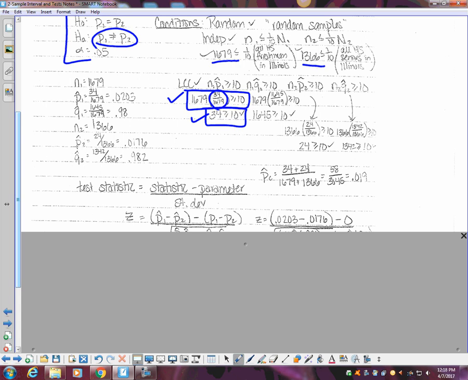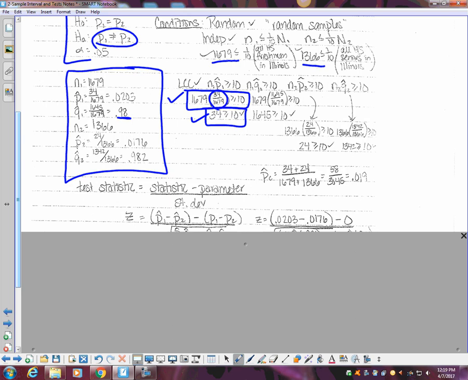Okay, and then this is sort of my little stats box. I've got my sample size, my P's and my Q's for sample 1 and sample 2. And notice I went 3 decimal places when appropriate. Apparently this one comes out very nice, or rounds with a 0 in the third spot.